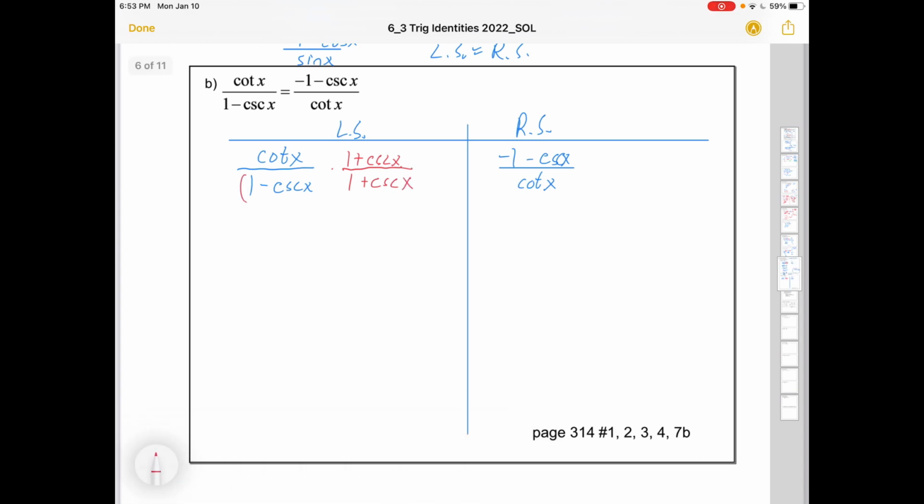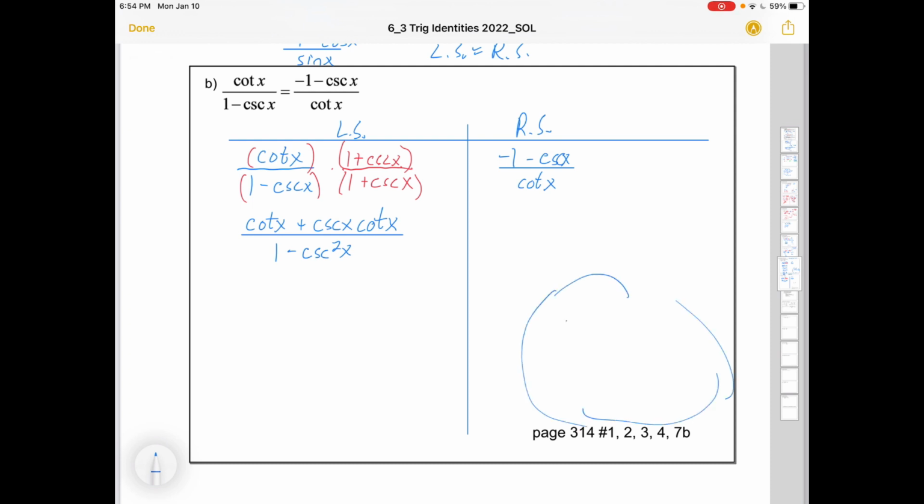And I'll just multiply through. So let's see what that'll give me. It'll give me cotangent x plus cosecant x cotangent x, which you actually don't really need to FOIL the top out. It's not that helpful. And 1 minus cosecant squared x.